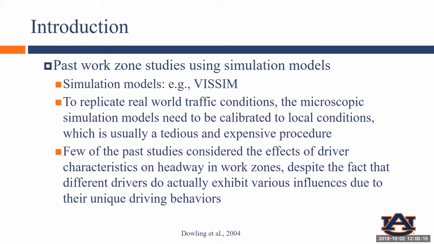There are a lot of past studies on work zones using simulation tools. As we know, VISSIM is one. The simulation tool tries to replicate real-world traffic conditions. This micro simulation model needs to be calibrated for local conditions. But I talked to a friend at a conference about what headway they use for the work zone for different driver types, and I was told they used some very old survey data from many years ago in California.